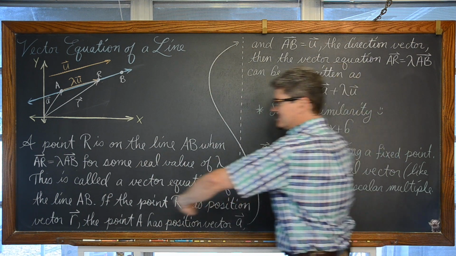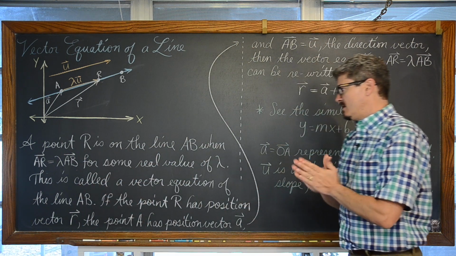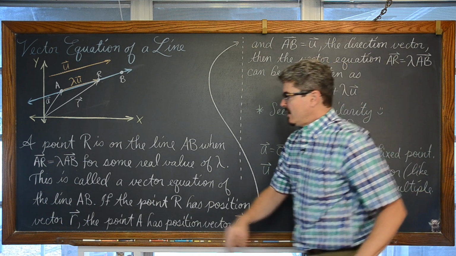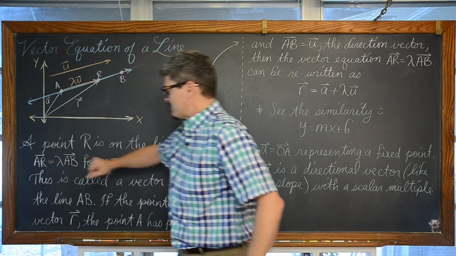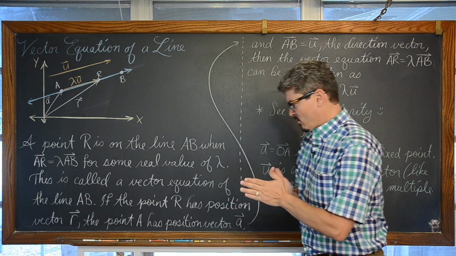So this is called a vector equation of the line AB, though it's not a form of the line that we're really going to be working with much.